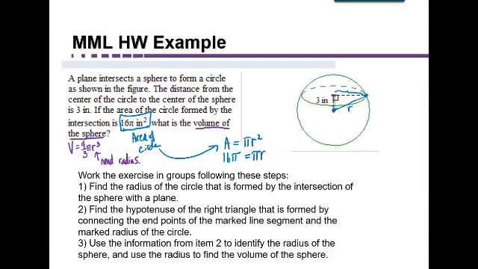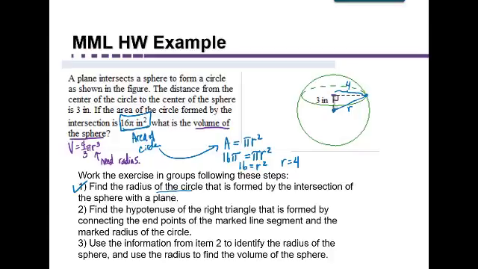So if 16 pi equals pi r squared, then it must be that 16 is r squared. And what number can you square to get 16? You can square the number 4, right? So the radius of the circle must be 4. All right, now next, so that's step 1. We found the radius of the circle.